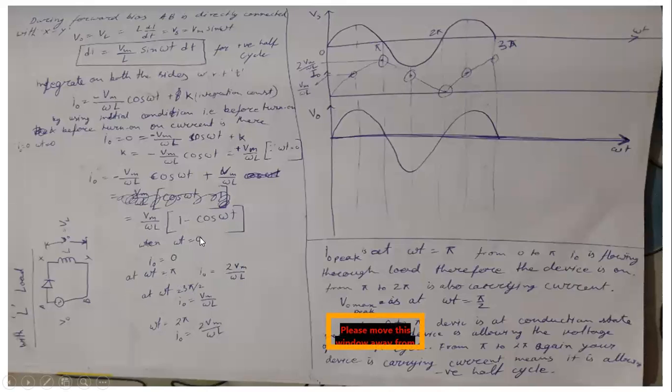This is where we get the maximum value of output current. At omega t equal to 3 pi by 2, I naught equals Vm by omega L. At omega t equal to 2 pi, I naught equals 2 Vm by omega L.